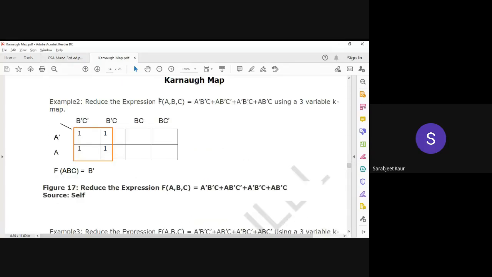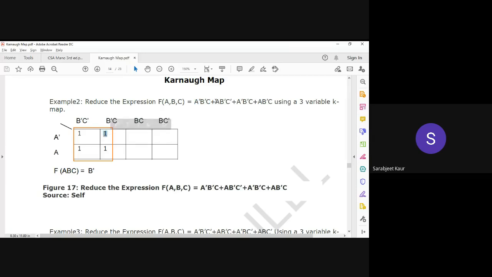So next, we have to represent these terms. Again, this is a 3 variable Karnaugh map. So I draw the basic Karnaugh map. And now please see A dash B dash C, which is 0, 0, 1. So 0, 0, 1 is this, right?